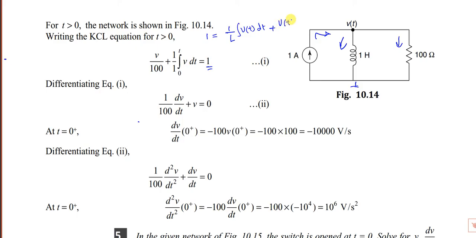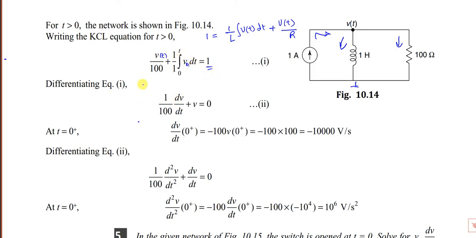So V of t by resistance. So 1 is the current, on the right side I am writing 1 by L, the value is 1 Henry. Integral of this also, you have to write V of t.